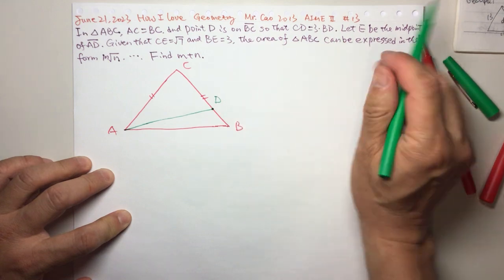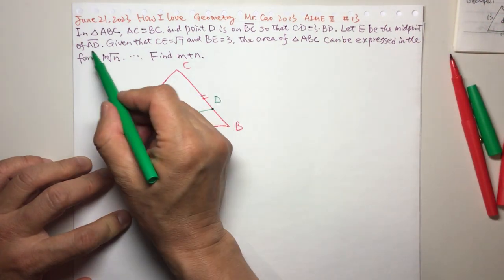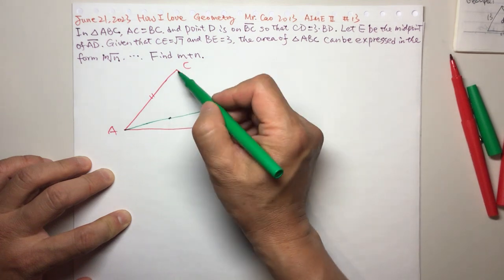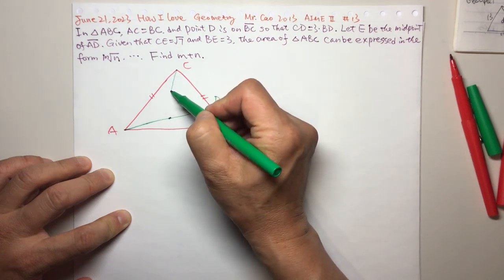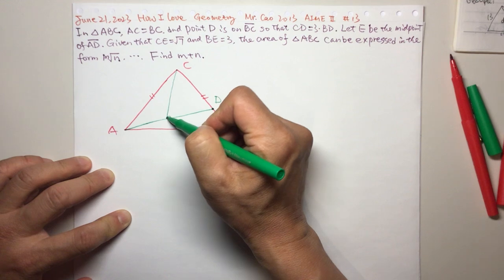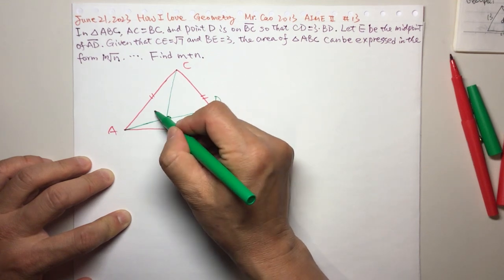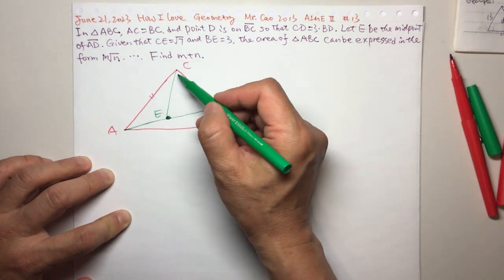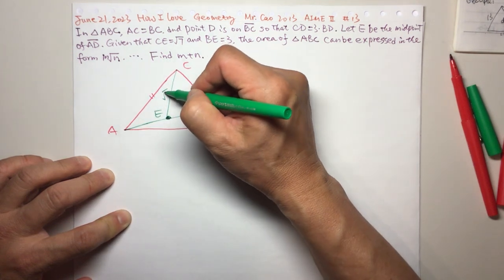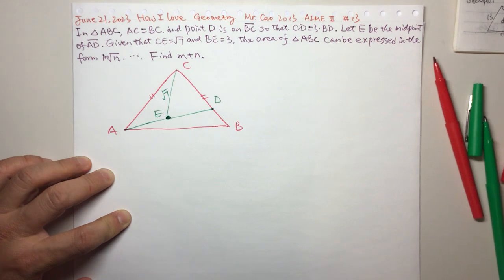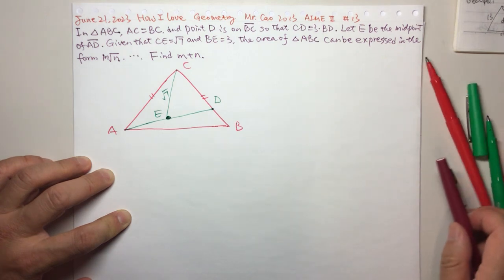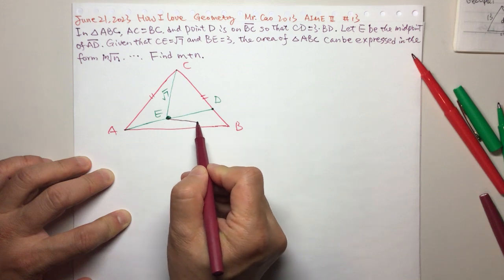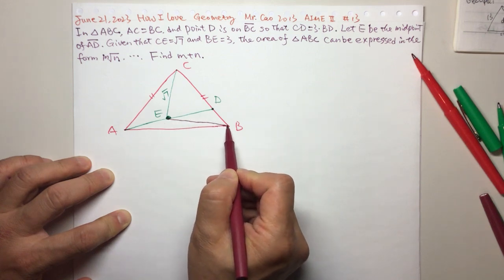And let E be the midpoint of AD. That's the AD midpoint here, right? Okay, E. That's point E. Given that CE equals square root of 7, and BE, here is BE, equals 3.